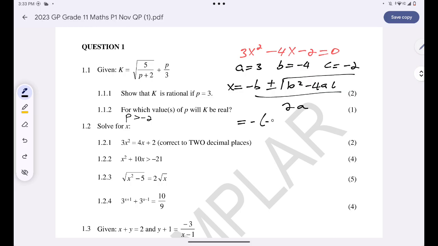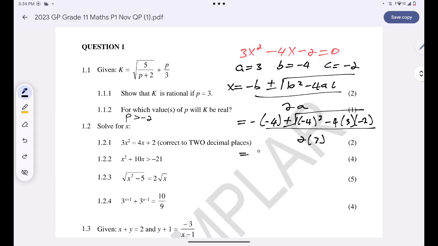This is -b, I have a -4 there, plus or minus -4 squared. The value of a is 3 and the value of c is -2, all over 2 multiplied by 3. Are we together?